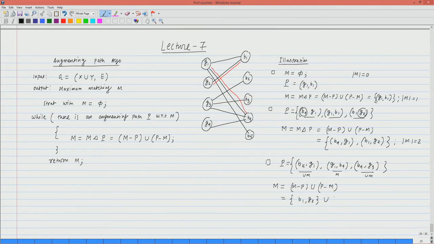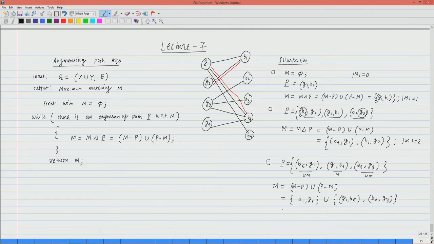Union P minus M: again this will be cancelled, and you will be left with G1 B5 and B4 G3.